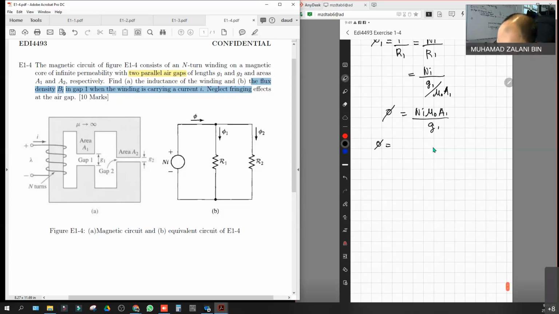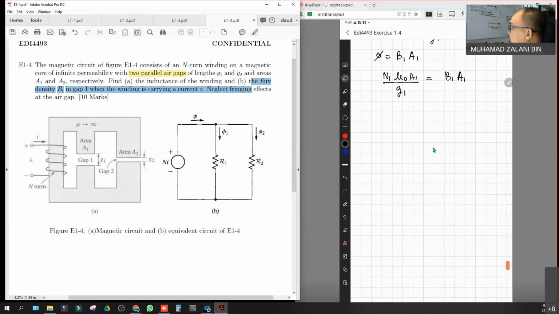We know that phi equals B1 A1, right? So this one becomes, right, like that? What do we want to get? We want B1.